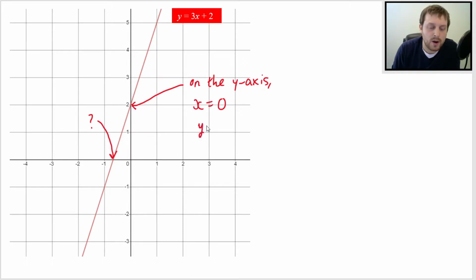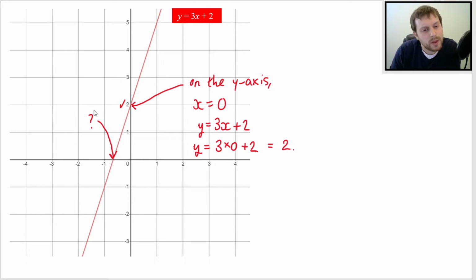So we know our straight line is y equals 3x add 2. If we're on the y-axis, x is actually 0, so y will be 3 times 0, and then add 2. If you figure this out, use BIDMAS, 3 times 0 is nothing, and then plus 2 is 2. And of course, you get 2. We already know that.